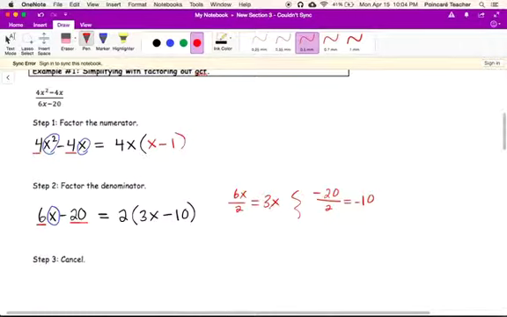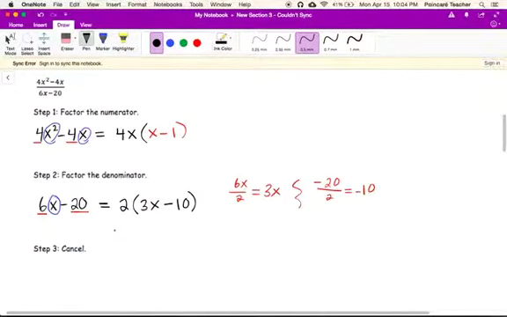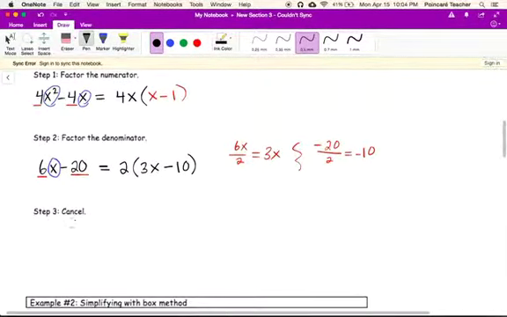So you can think of it in terms of division, or in terms of multiplication. So that's step 1. Step 2, I factored, and now I want to write each of those results on top of each other: 4x times x minus 1, divided by 2 times 3x minus 10.